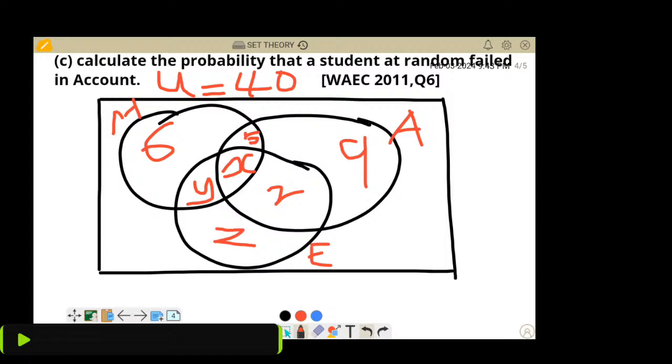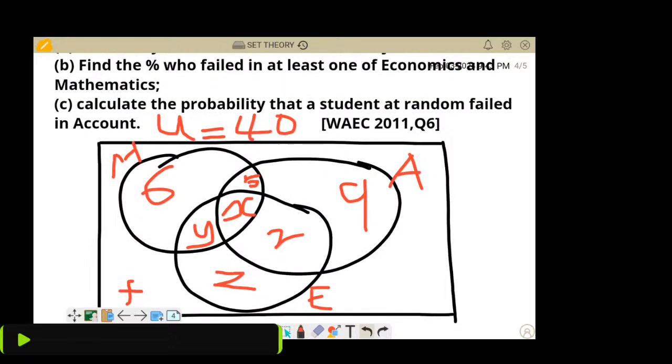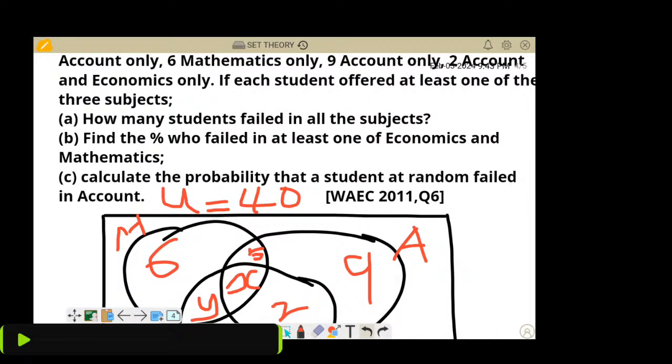And let's use letter F to represent those that fail all the subjects. Those that fail all the subjects will be outside the circle, and that is what we are looking for.